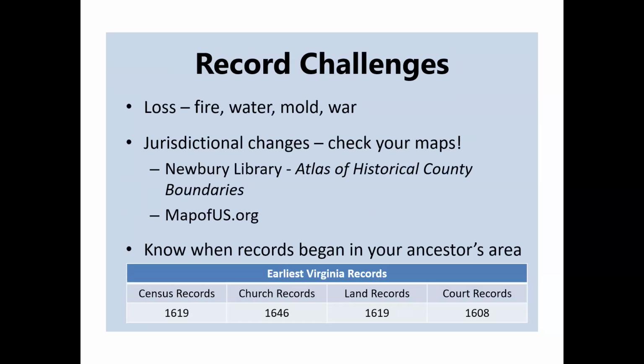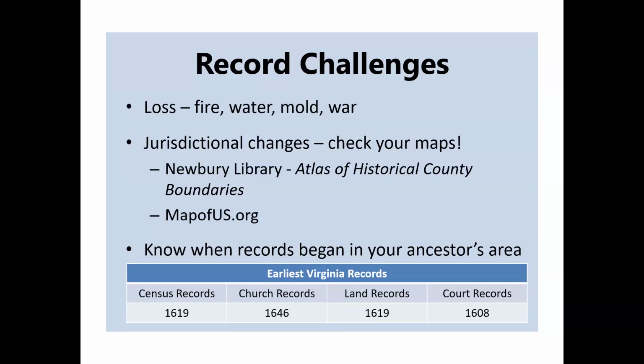Now, unfortunately, as with many, many places, there are record challenges. There has been a lot of record loss due to fire, water, mold, war, you name it. There have been jurisdictional changes. This becomes super important with this area, and one of your best bets is to use Newberry Library's Atlas of Historical County Boundaries.